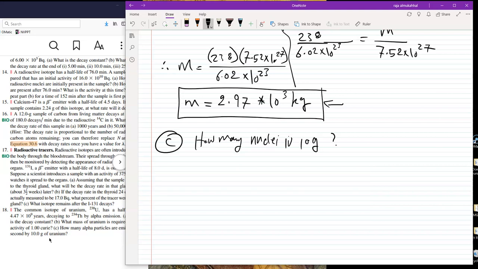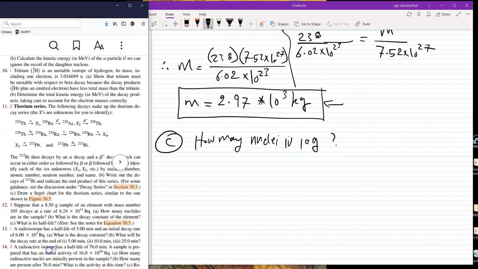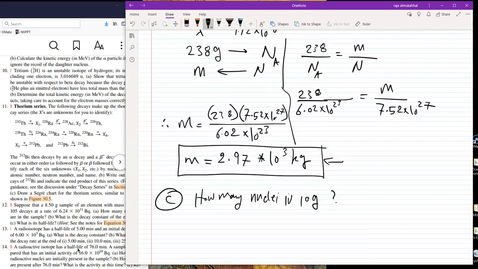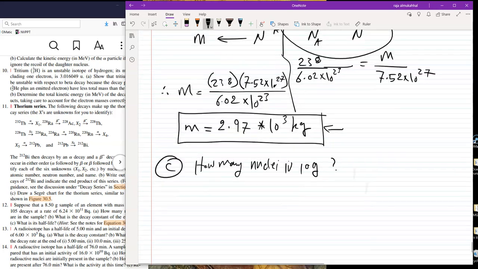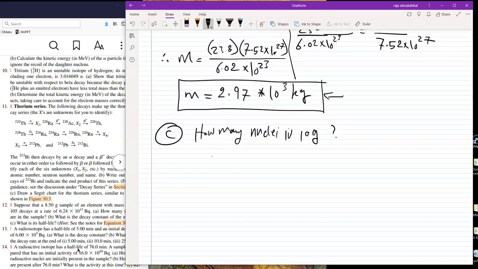Again, we're going to use Avogadro's number and the same formula: 238 over Avogadro's number equals the mass over n. I already know the mass, 10 grams, over the sample number n. So n in this case is going to be 10 times Avogadro's number over 238.